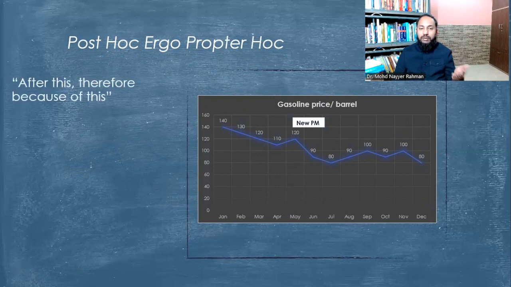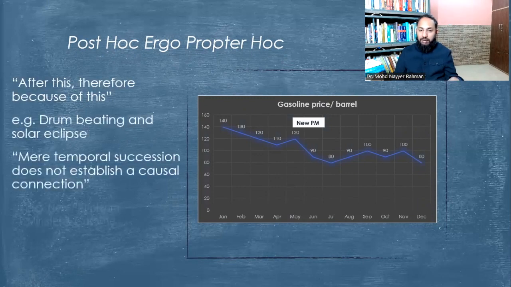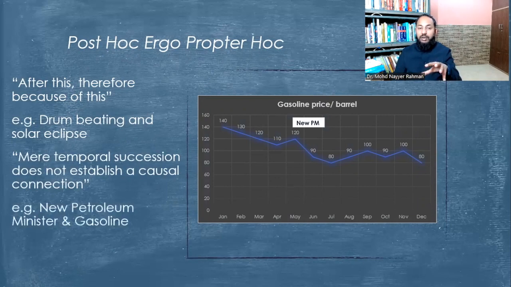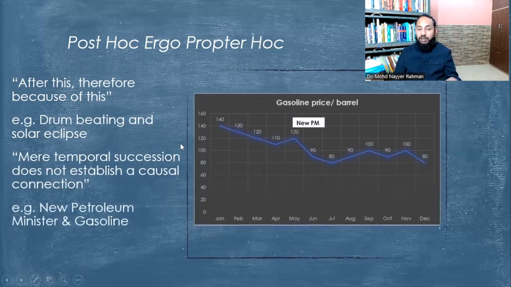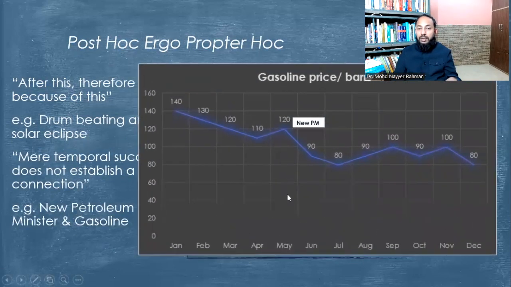It means after this, therefore because of this. In this chart, it is very clear that at 120 gasoline price per barrel, the new petroleum minister was appointed. But soon after his or her appointment, the gasoline prices started to fall.